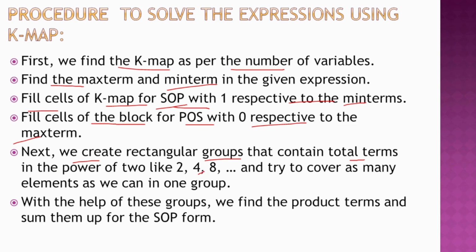If you have 2 variables, the cells will be 4. If you have 3 variables, the cells will be 8. Try to cover as many elements as we can in one group. With the help of this group, we find the product terms and sum for the sum of product form.